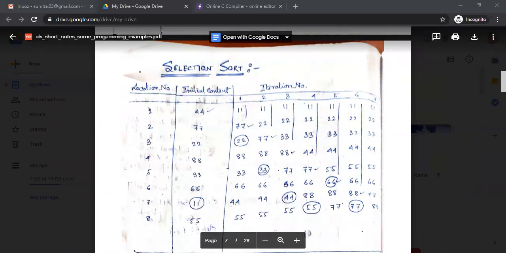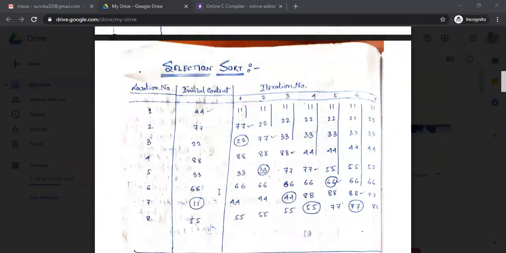Now what is the procedure for arranging the n elements in ascending order using selection sort? First of all, we have to take the first value of our array, whatever is stored at the lower index. We have a first value 44 in the ARR0 position.